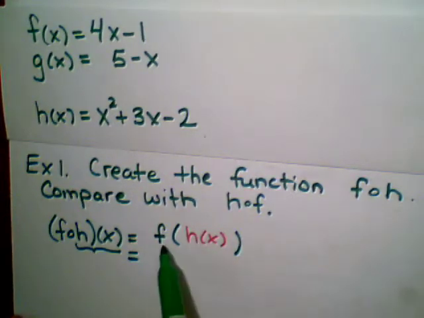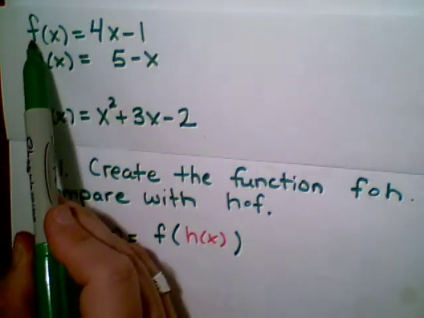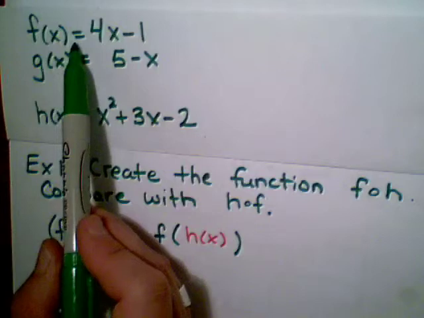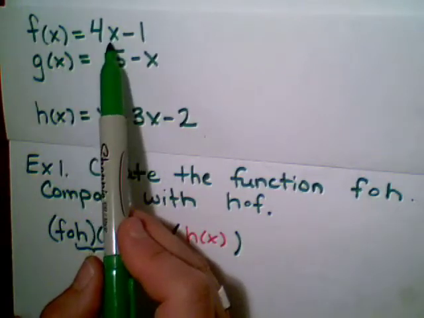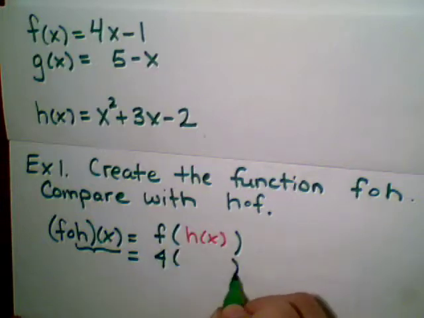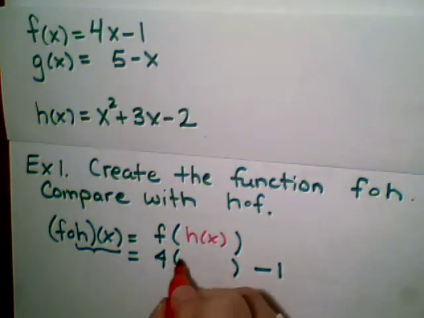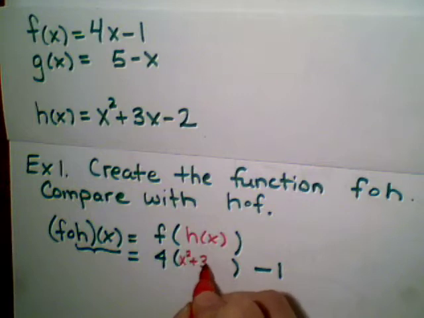Now what does function f say to do? f of an input is 4 times that input minus 1. We need to record 4 times our input, and then we will subtract 1, where our input is the function h of x. I didn't leave much room, but it's the polynomial x squared plus 3x minus 2.